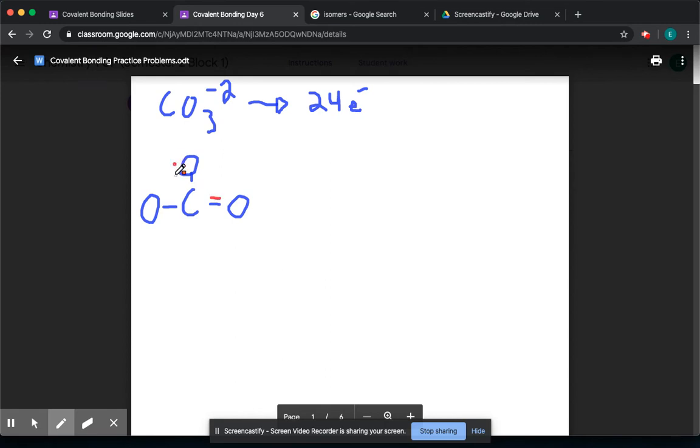One of them is going to need it. If you remember, in the day 5 video, it goes through it for the resonance. This is actually one of the ones we have to draw. This one does have resonance structures, but it doesn't matter which one you use. If you count them up, we have 8 here, we have 16 here, we have 24 here. So we've used up all the electrons. Each oxygen has 8, so they're happy, and the carbon has its 8, so it's happy.